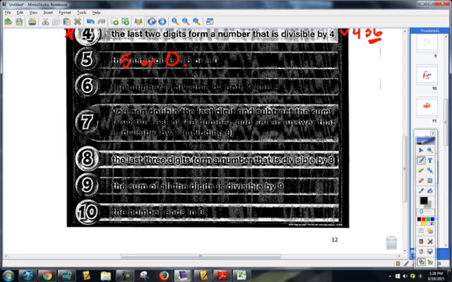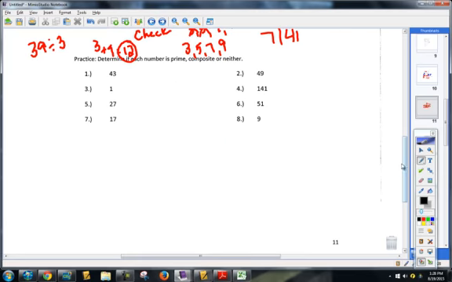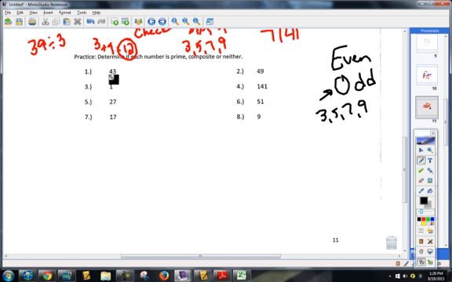Okay, let's go back to these prime and composite ones if you want to practice these. Now it's kind of up above, but I'm going to try not to use those. Remember, first thing we identify, is it even or is it odd? Okay, so it's odd. So whenever it's odd, you always check 3, 5, 7, 9. So I'm going to check 3. 4 plus 3 is 7.